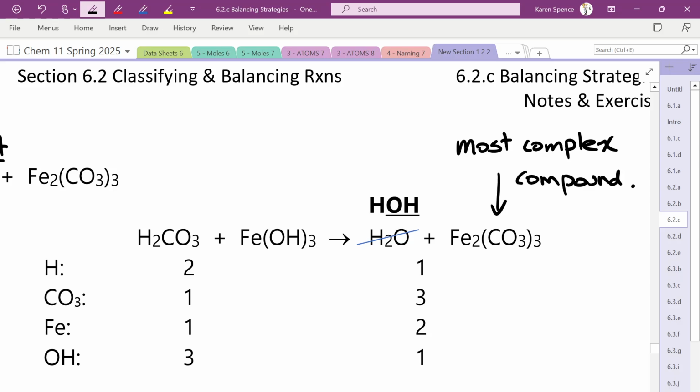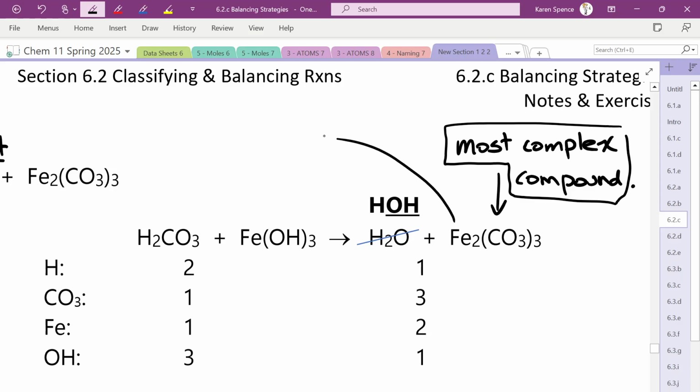Because you know what? Neutralization is just double replacement. Okay, it's just a special double replacement that has an acid and a base as reactants. So I can still use that rule for neutralization where I find my most complex compound and I say, oh, I've got an Fe and I've got a CO3, so I'm going to balance those ones first.